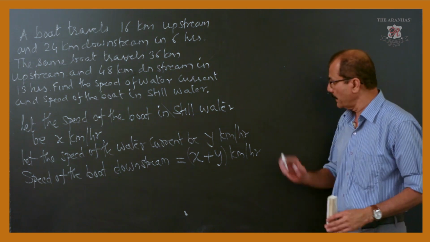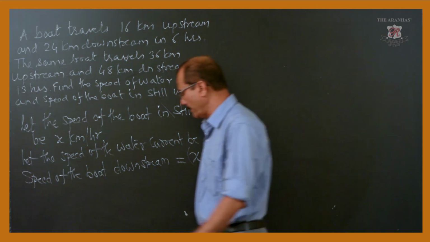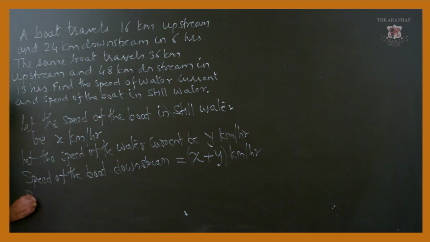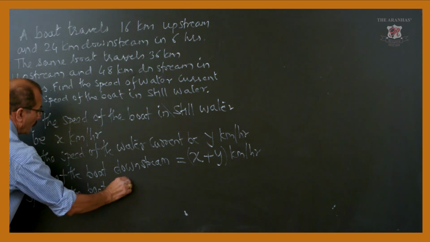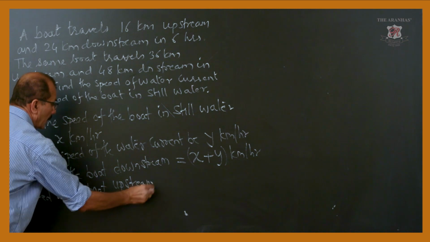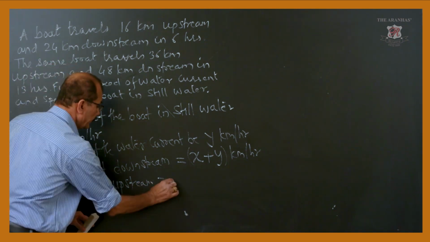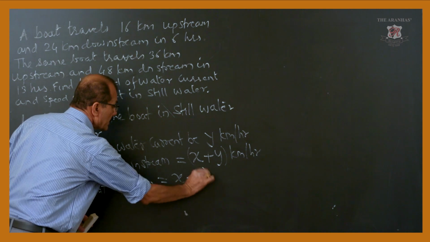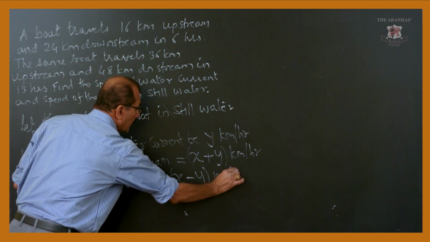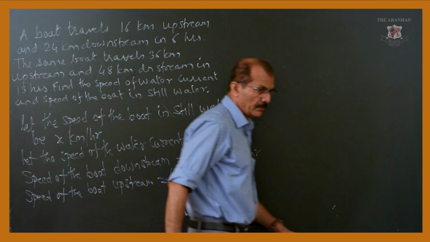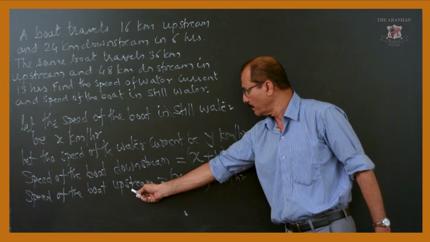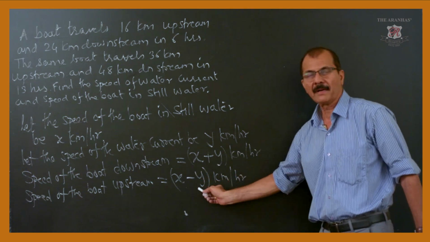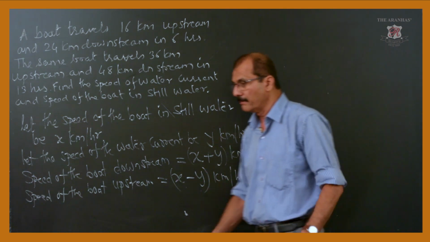So, here the speed of the boat upstream will be equal to x minus y kilometer per hour. So, try to understand this. Speed of the boat upstream will be x minus y kilometer per hour.